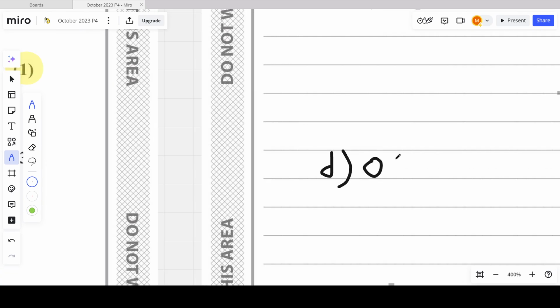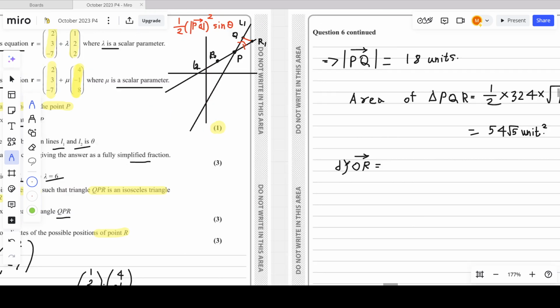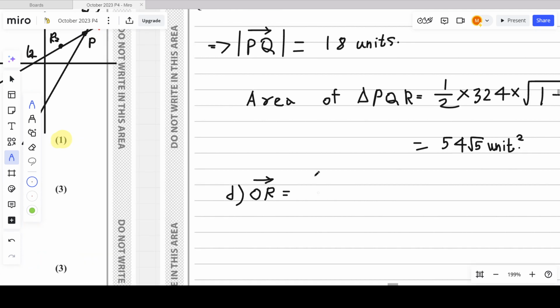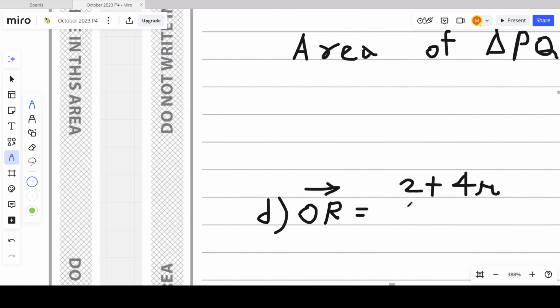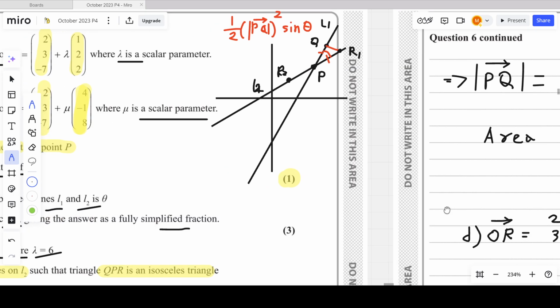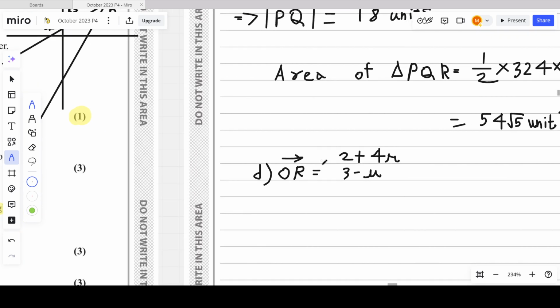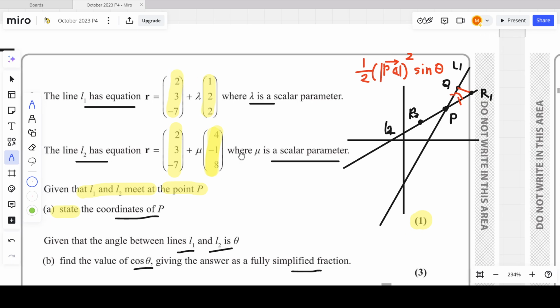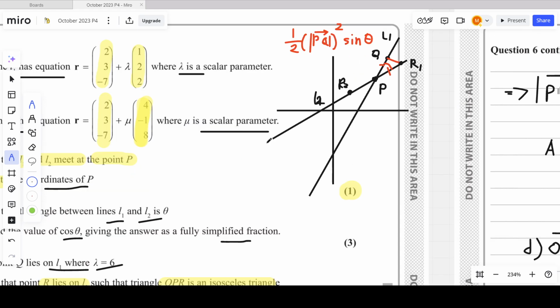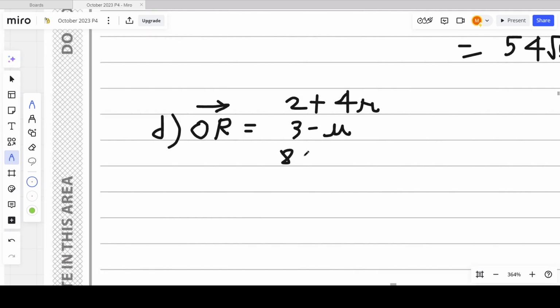So OR, the position vector of point R, is equal to 2 plus 4 mu, 3 minus mu, and 8 mu minus 7. It lies on line L2, right? 3 minus mu and 8 mu minus 7.